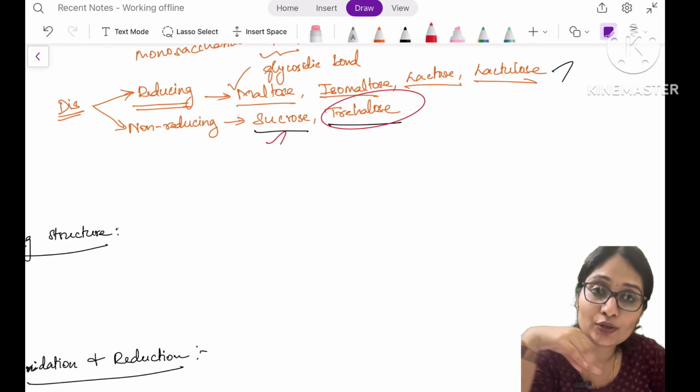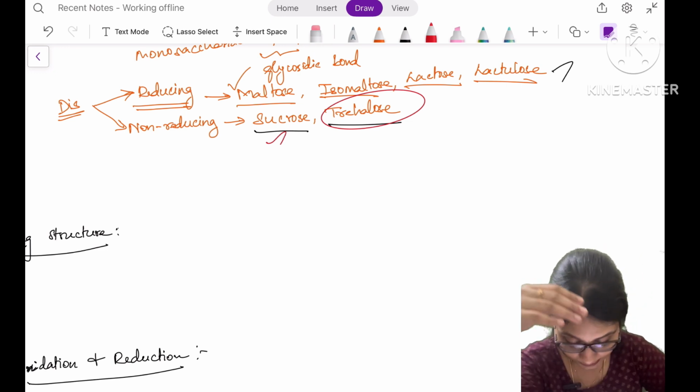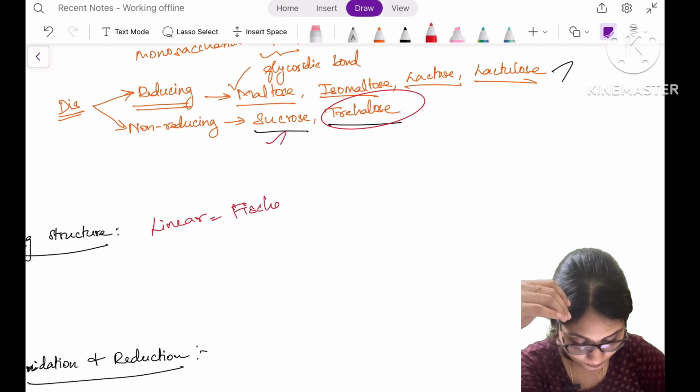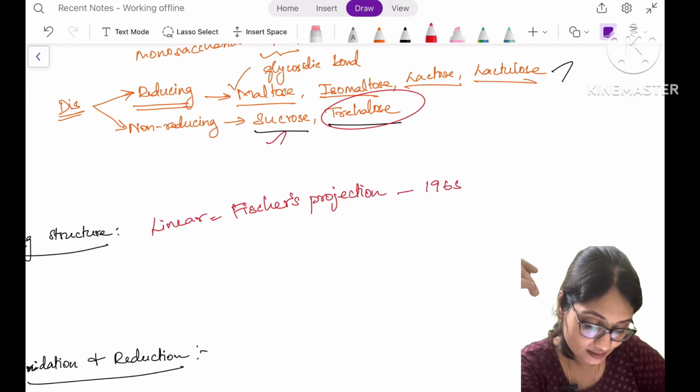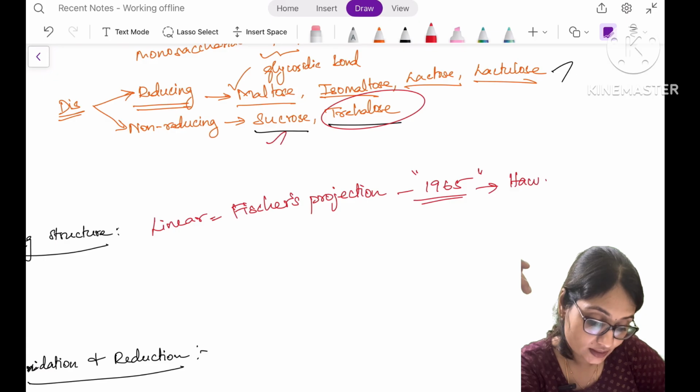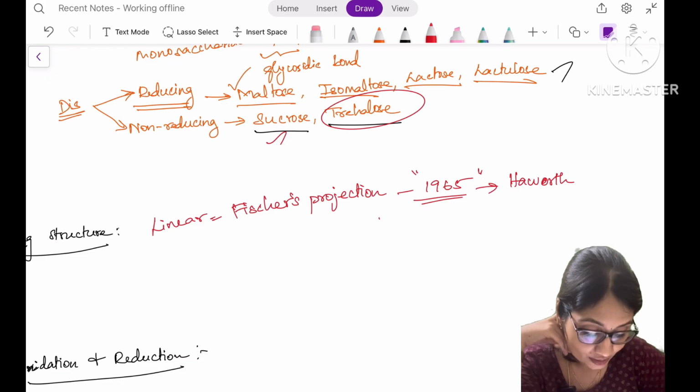So far whatever I drew, whatever I showed you, is called the Fischer projection, the linear projection. But later, in the year 1965 I presume, a scientist called Haworth found that in solution most of the glucose and fructose exist in ring structures.